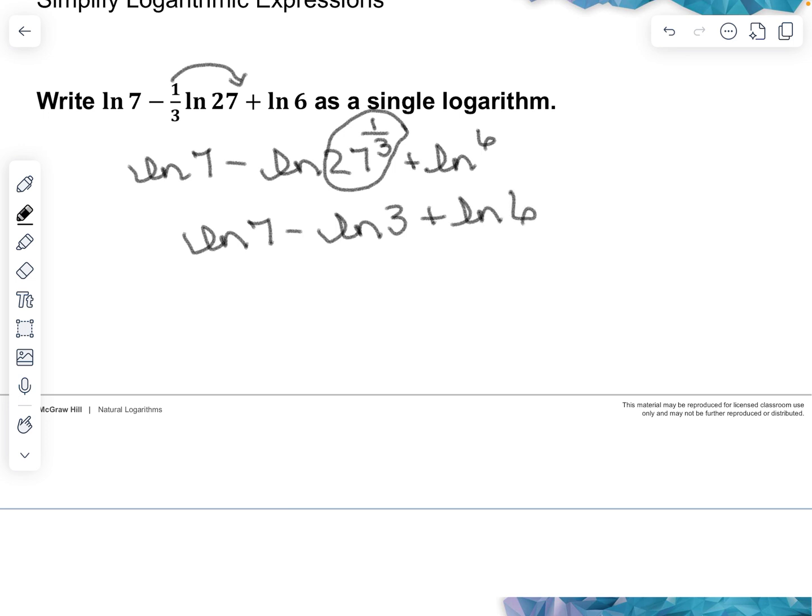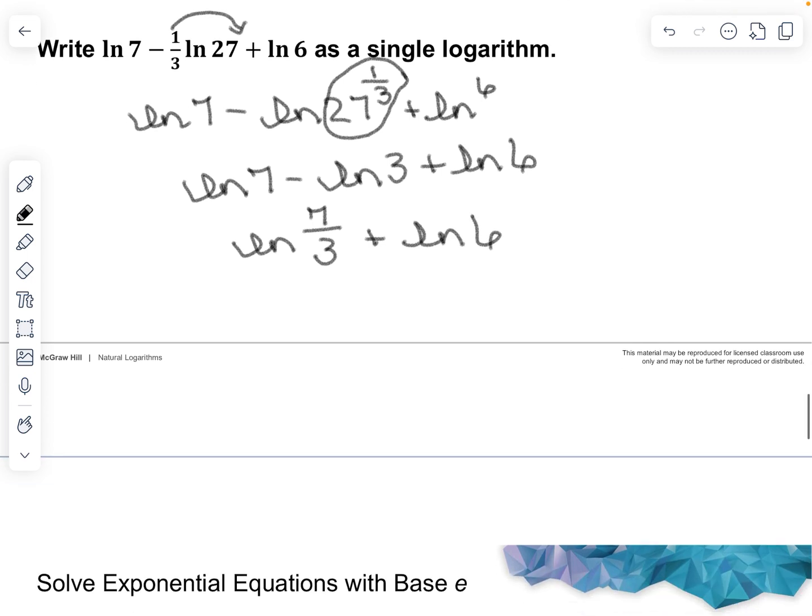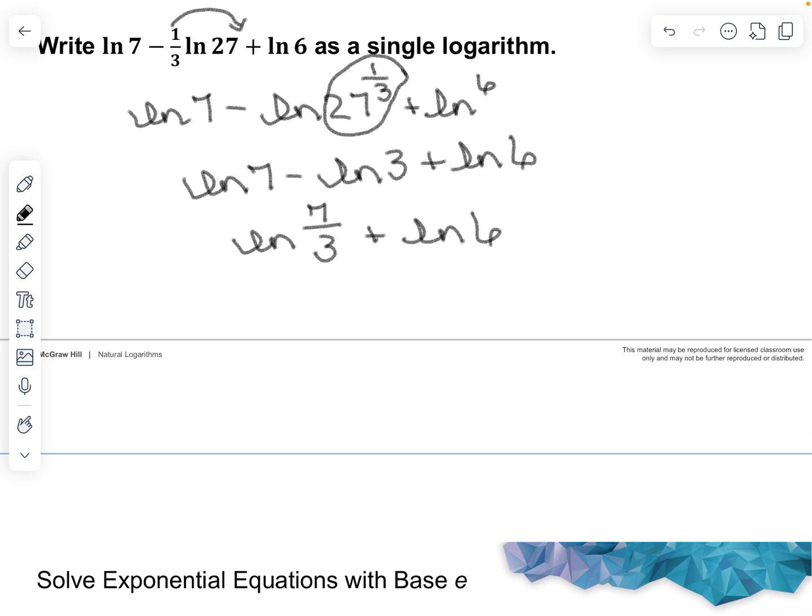Now again, I'm going to work left to right. So I have the natural log. I have subtraction, so that becomes division. And now again, I only have addition, so that can become multiplication.